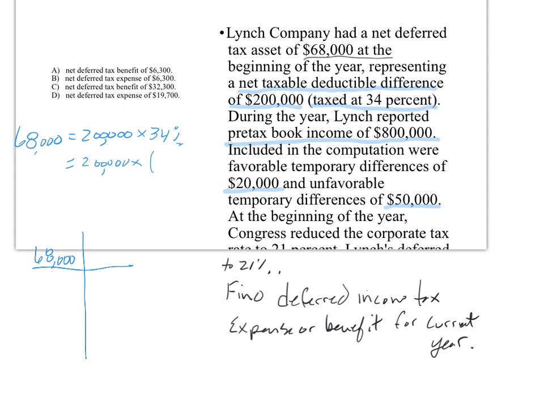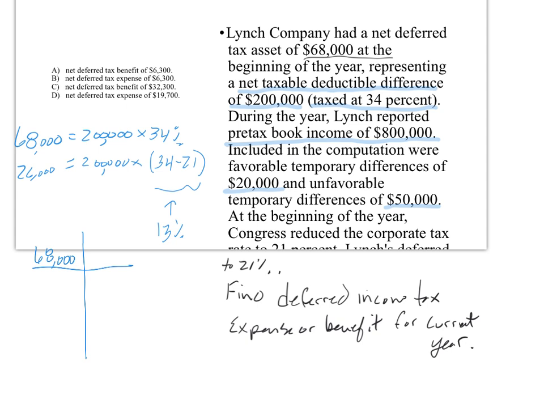Well, the new tax rate is 21%, but the old rate was 34%, so they reduced it by 13%. So if we multiply this $200,000 by 13%, we get $26,000.